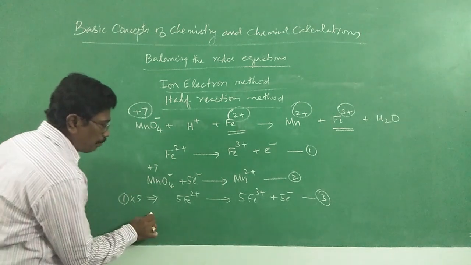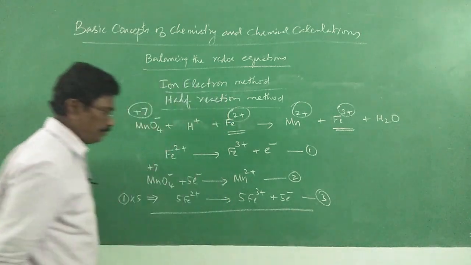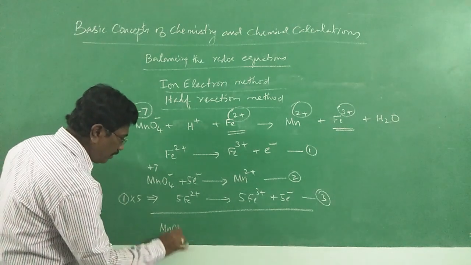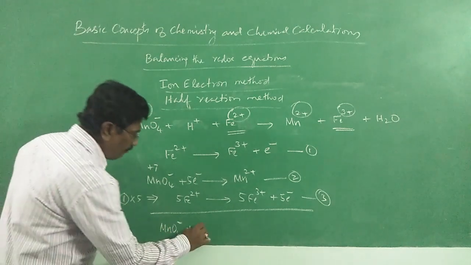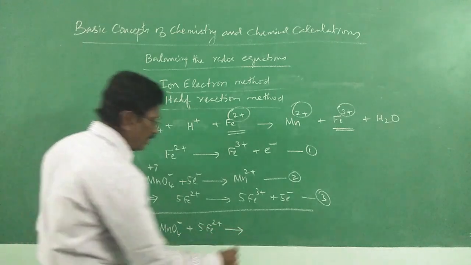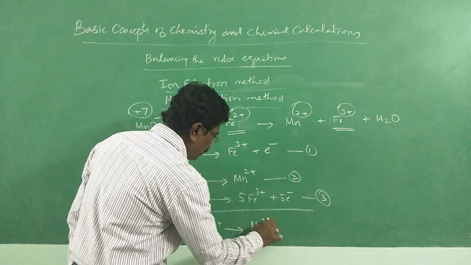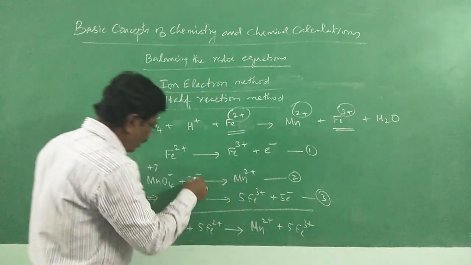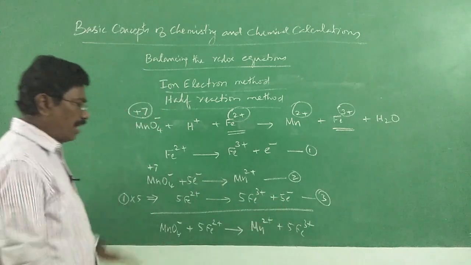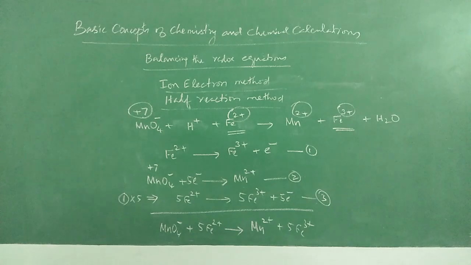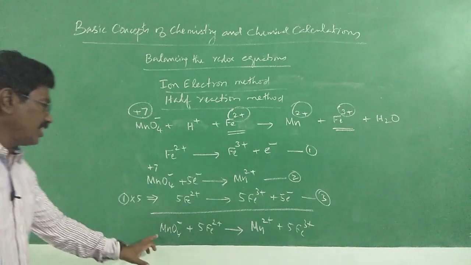Now let me add up these two. MnO4 minus plus 5 Fe2 plus gives Mn2 plus plus 5 Fe3 plus. The 5 electrons on the reactant side and product side get balanced. That's all. We have almost completed, but it is not balanced yet.